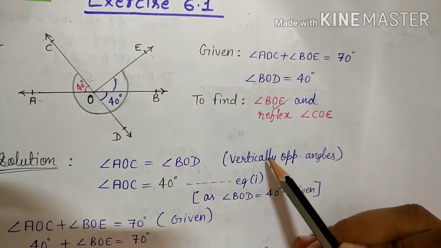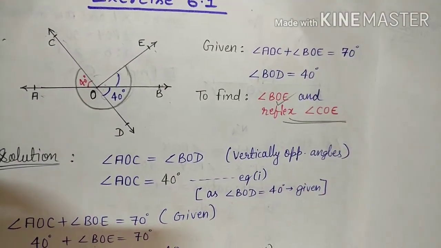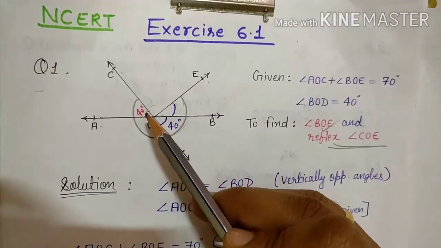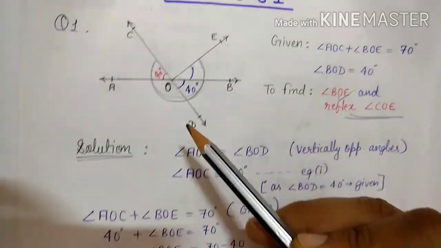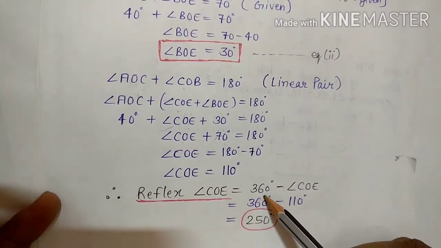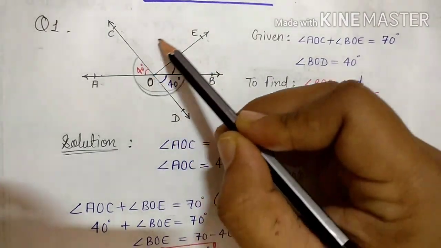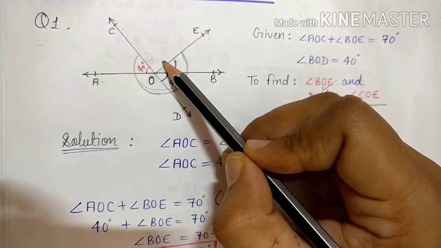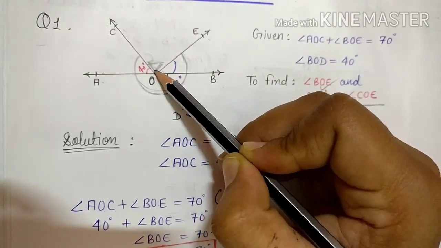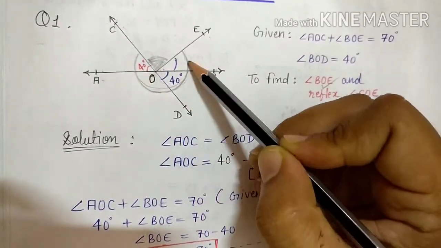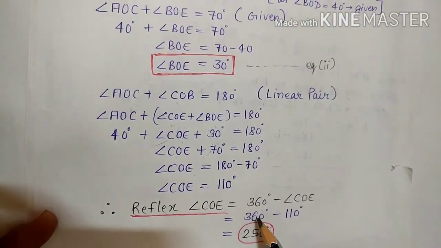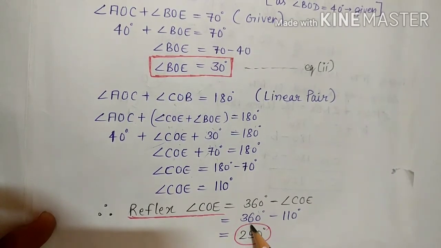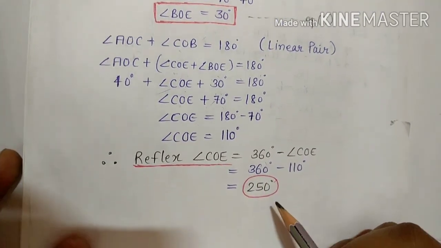In the question they asked us to find angle BOE, which we have already found as 30 degrees. Now we have to find reflex angle COE. We can find it by taking the full angle 360 degrees minus angle COE. Subtracting angle COE, which we found as 110, we get 360 minus 110, which is 250 degrees.